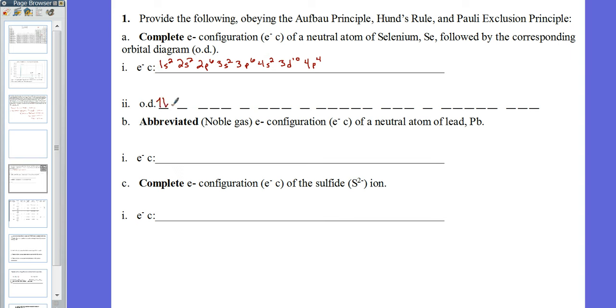So there's your first 2 electrons for 1s, and then giving them opposite spins is very important also. That's your Pauli exclusion principle. Then 2p6, following Hund's rule as you fill those up, and then Pauli exclusion as you spin them opposite.